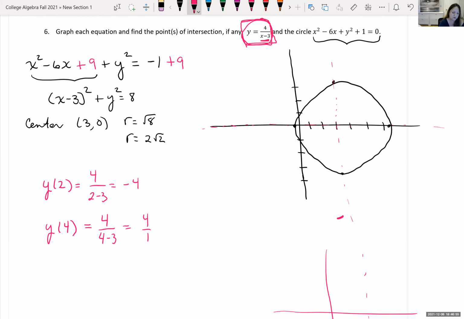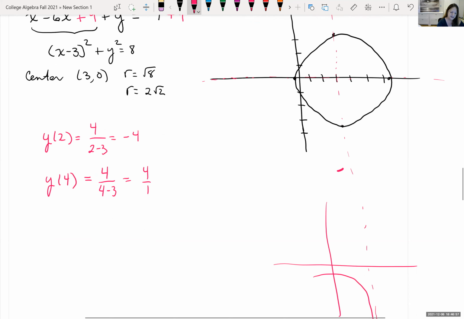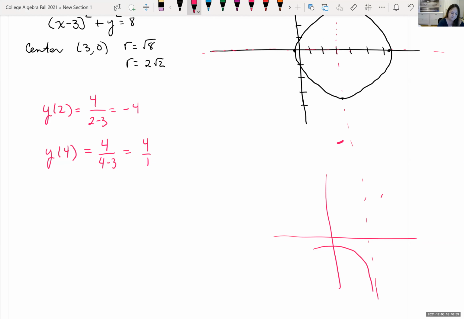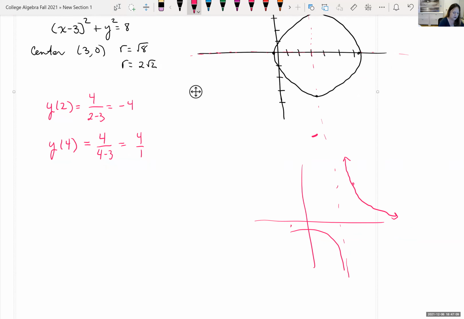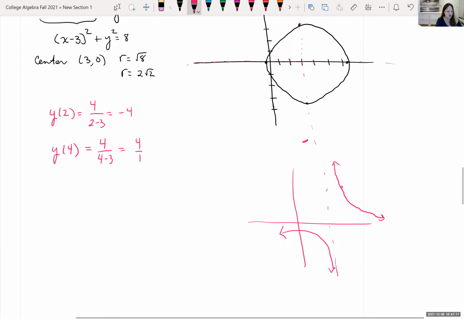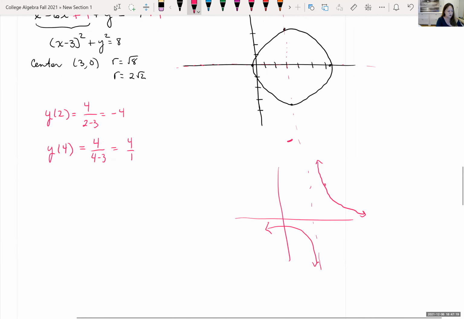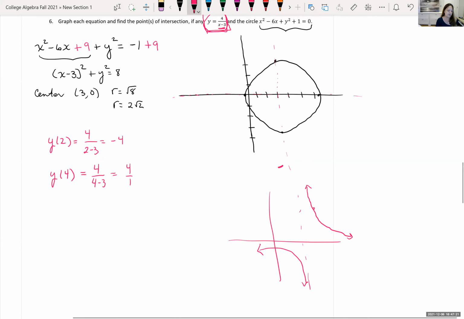So we have a point at 4, 4. So knowing that, having a point at 4, 4, I know my graph looks something like this. I did want to plot those together. I'll do that in a second, just so I know if it's crossing more than once, or where it's crossing.